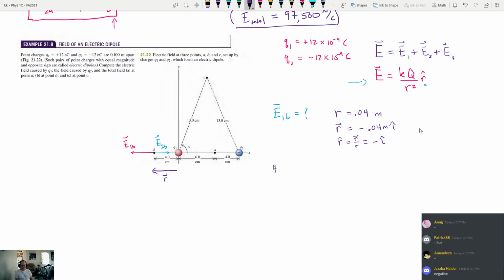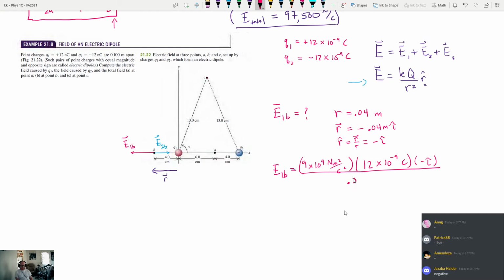So, E1b, let's put this all in red. E1b is going to be k, which is 9 times 10 to the 9, multiplied by q, which is positive 12 nanocoulombs, times r hat, negative i hat, divided by r squared.